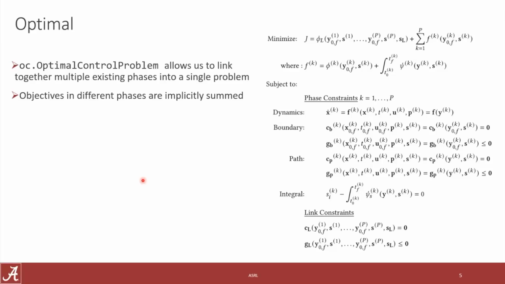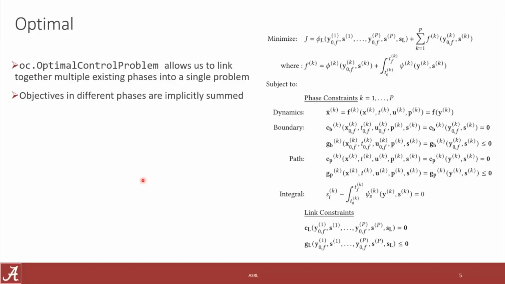So here we could have a multi-objective problem, and objective functions in different phases are summed together. So you're minimizing the sum of your individual objective functions if you're doing a multi-objective. And of course, that is relative to a weight that you can place on the objectives to scale the weighting of what you're trying to optimize.